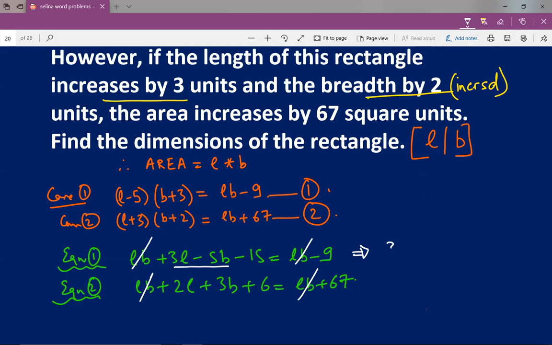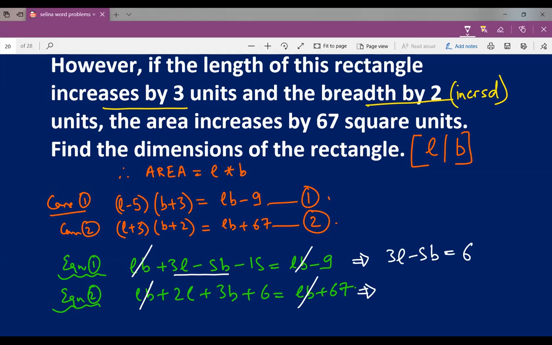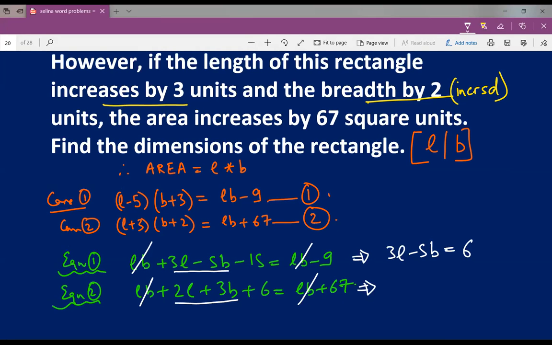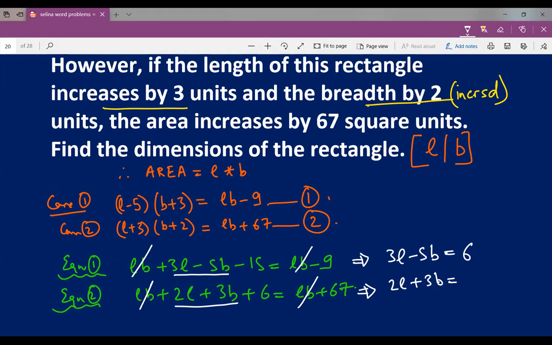This will get reduced to 3L minus 5B would be equal to, this 15 will go this side and it will become 6. And the second equation I'll get is 2L plus 3B equal to 67 minus 6, this will be 61.